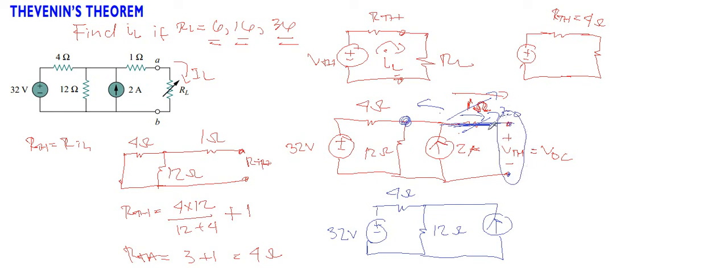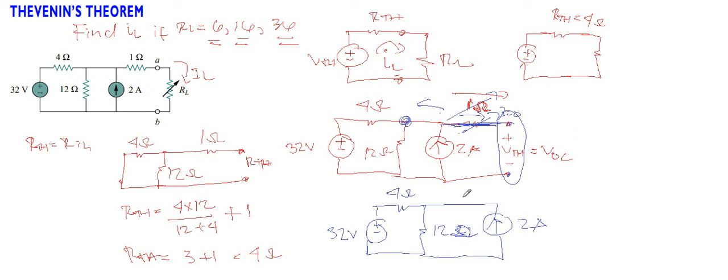So by conclusion, what we need to find for VTH or VOC is simply the voltage across the 2 ampere source, or the voltage across our 12 ohms, because they are in parallel. As the property says, when two branches are in parallel, their respective voltages are equal. But for branches in series, their currents are equal.